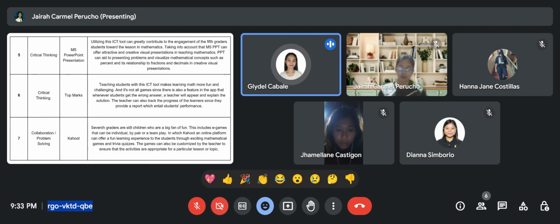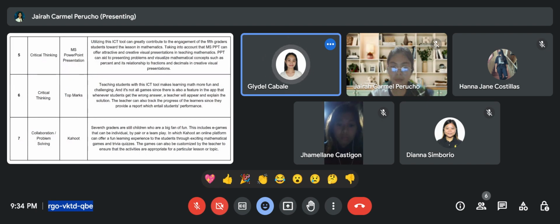And one feature that is very nice about it is they provide activities that intensify the challenges given to tests and enhance the critical thinking of the students.